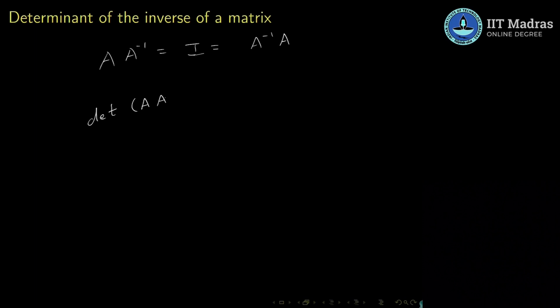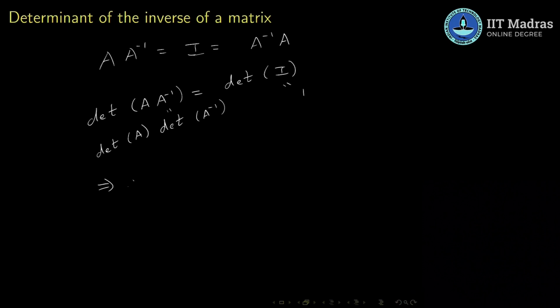So, if we do that, we get determinant of A times A inverse is determinant of I, but we just saw that the determinant of a product is the product of the determinants. So, determinant of A times A inverse is the same as determinant of A times determinant of A inverse. Okay. And on the other hand, determinant of the identity matrix we have computed to be 1. So, what does this mean?